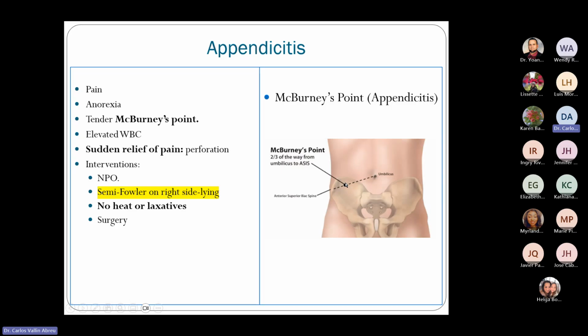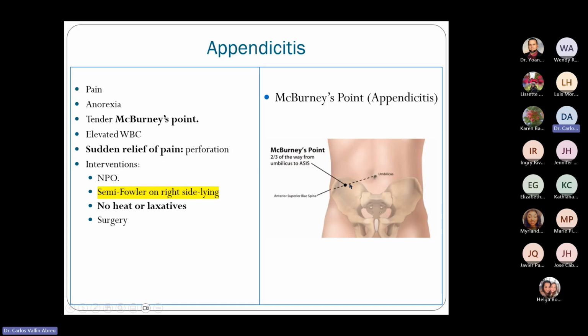This exact location is not going to be tested in NCLEX. They are going to ask you in which quadrant. Remember that the abdomen can be divided into 4 quadrants. So the right lower quadrant is the place of the McBurney point.